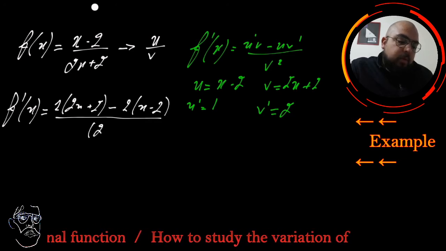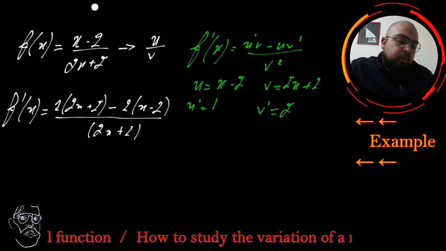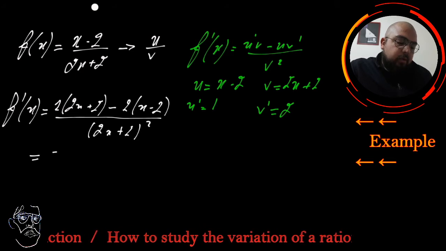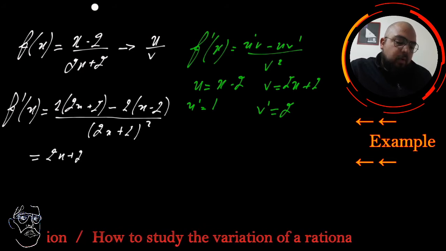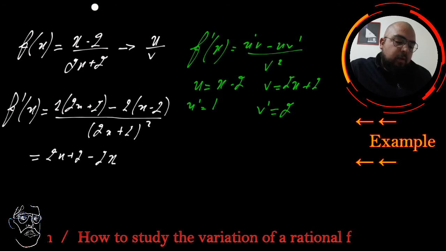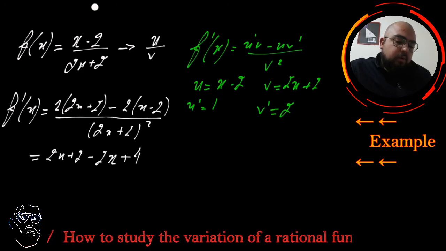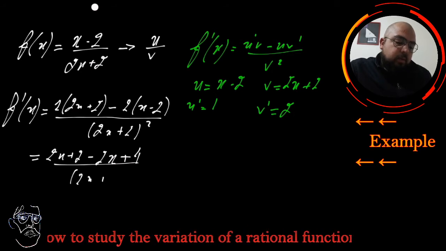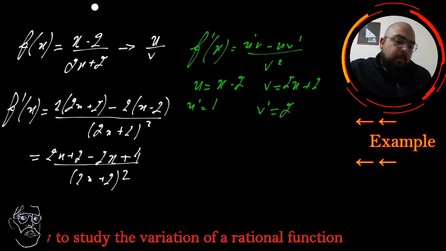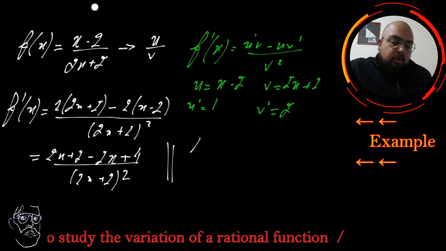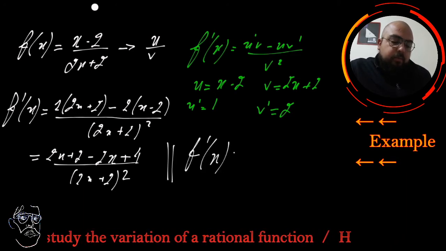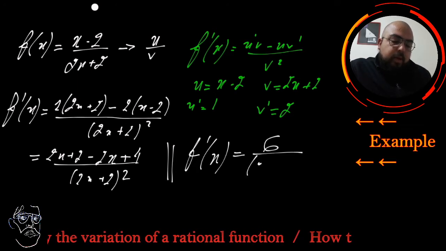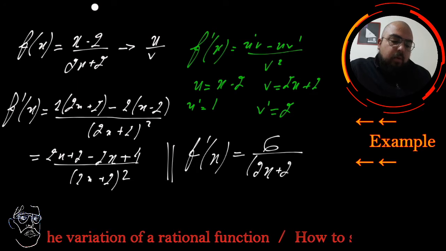V squared is 2x plus 2 to the power of 2. So we will have f prime of x is equal to 2x plus 2 minus 2x plus 4 over 2x plus 2 to the power of 2. So we will have f prime of x is equal to 6 over 2x plus 2 to the power of 2.